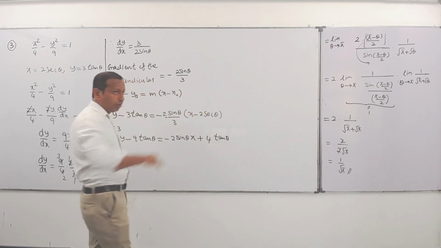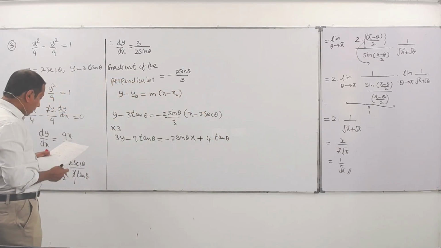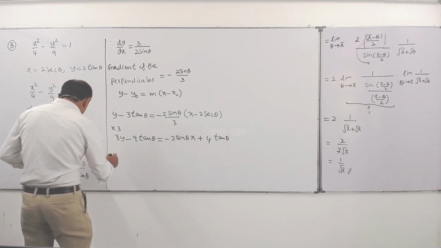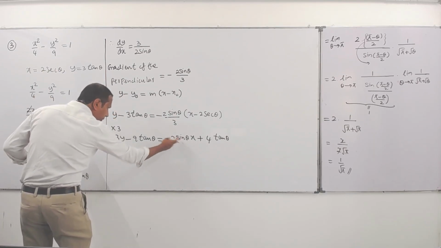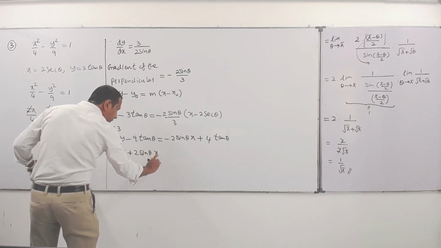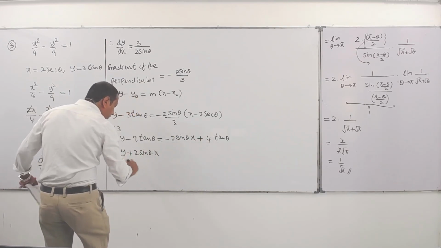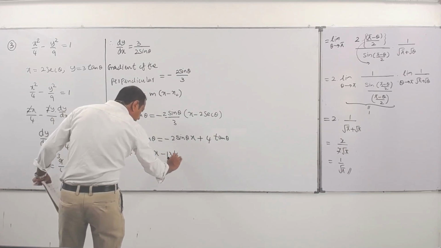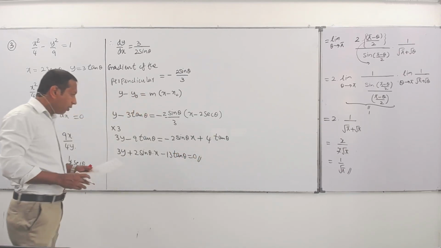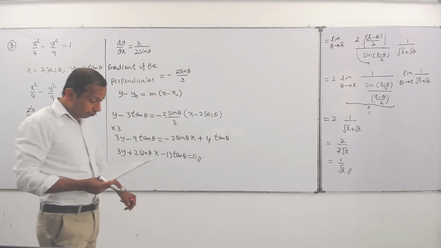Correct, no? Sin theta over cos theta. Alright, so when you simplify this and take this side, we get 3y plus 2 sin theta times x. Once you take this side, we get minus 13 tan theta equals 0. That is the equation of the perpendicular.